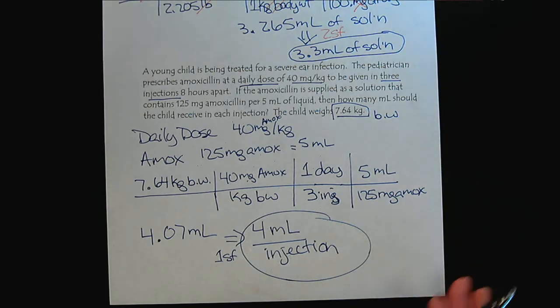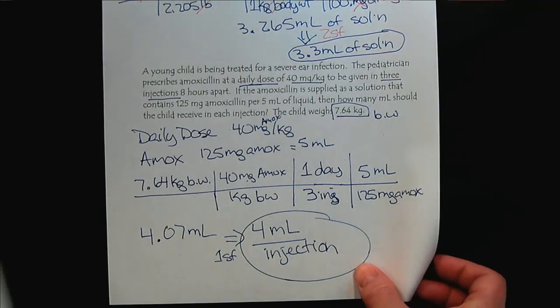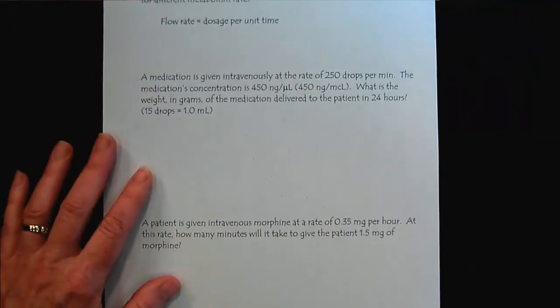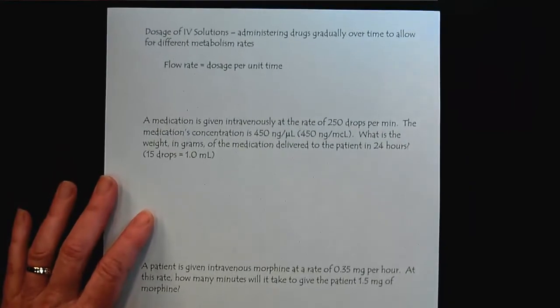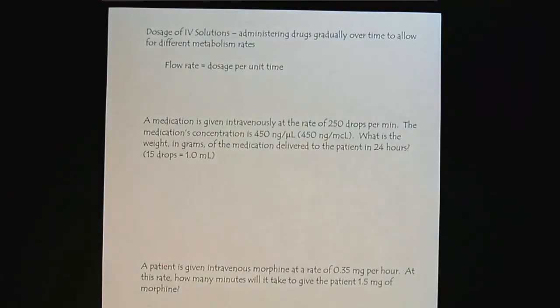Another way, patients are administered drugs through injections or serums or pills, but many times patients are given their medication through an IV solution. So let's look at some IV calculations. These are a little different because we have the flow rate of the IV solution.